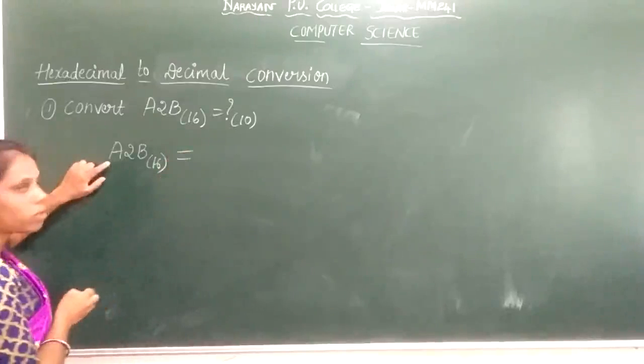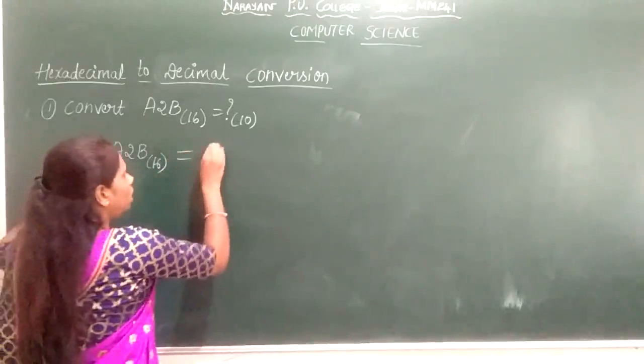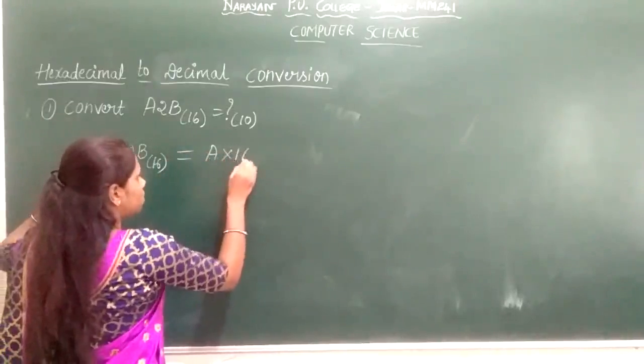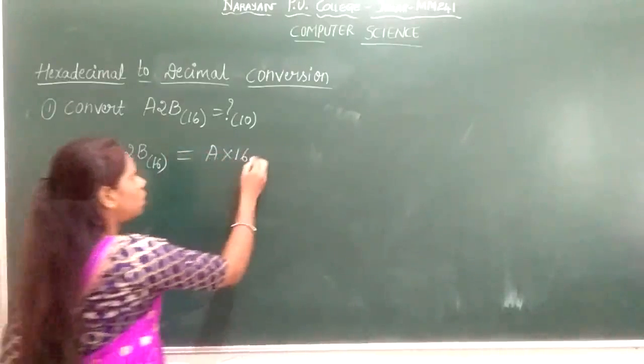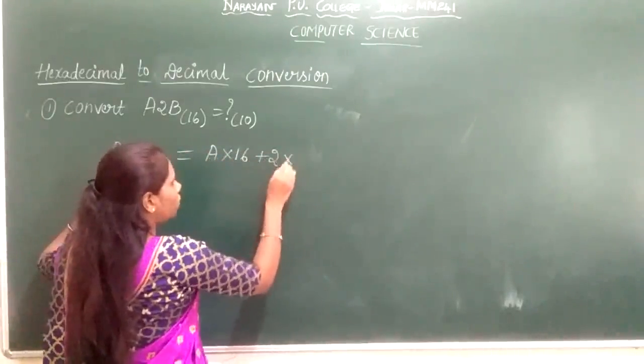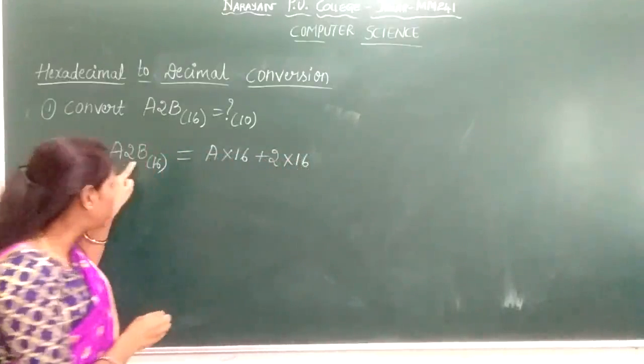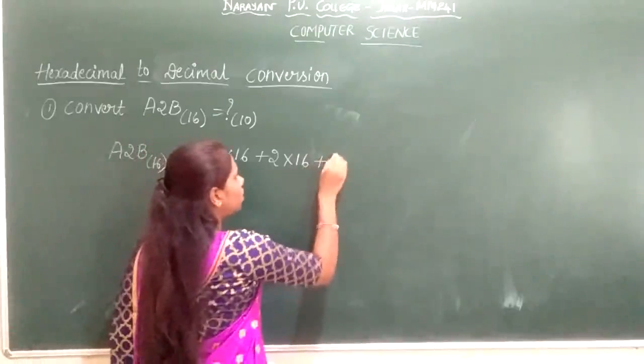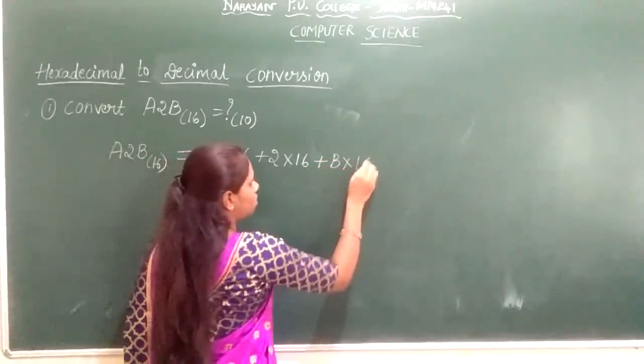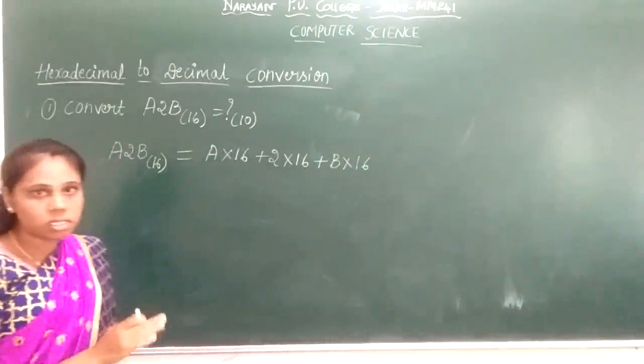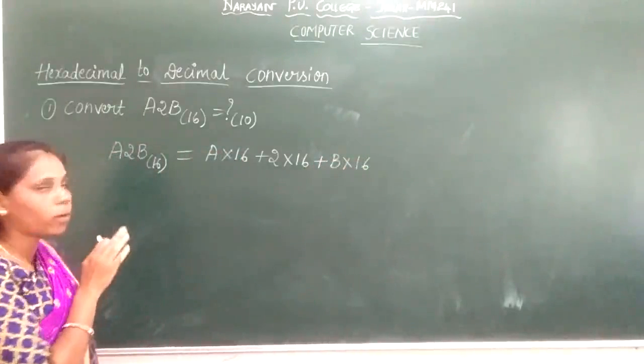Consider the first digit, that is A into 16 plus 2 into 16 plus B into 16. Here we have only the integer part, we don't have any decimal point.